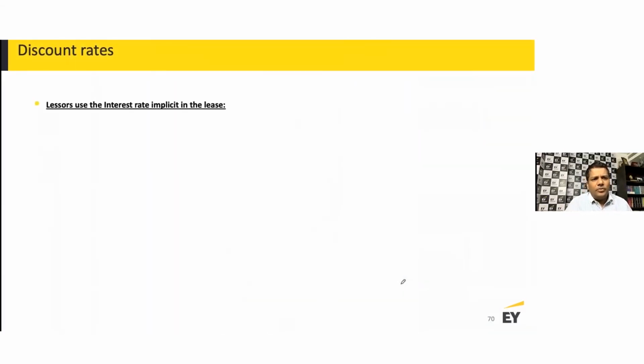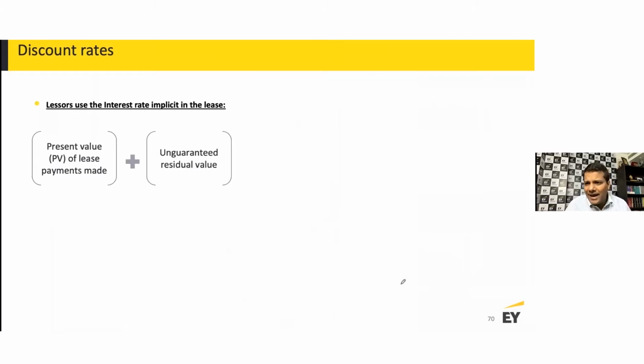Let's look at it from a lessor perspective. The lessor uses the interest rate implicit in the lease, which is the present value of lease payments plus the unguaranteed residual value, which I expect to realize, equal to the fair value of the underlying asset. So the present value of lease payments also includes the guaranteed residual value.